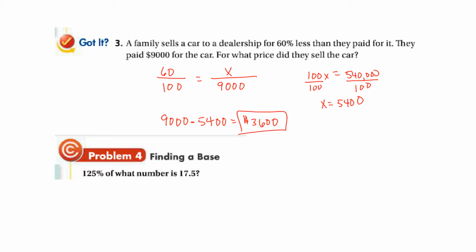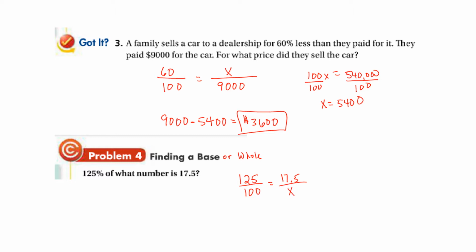Now problem 4 deals with finding a base, or the whole, if we think of part over whole. So in this case, I have my percentage, 125 over 100, equals my part, 17.5, of what number is what I don't know.